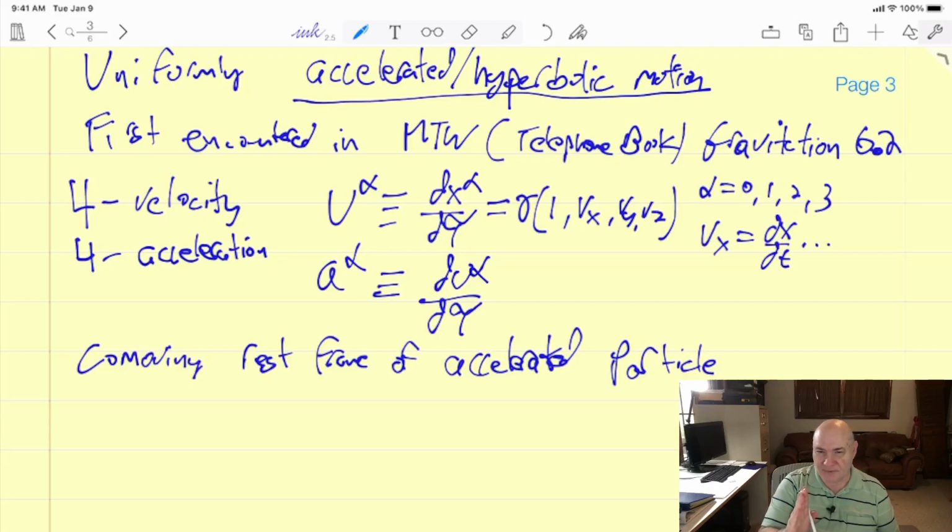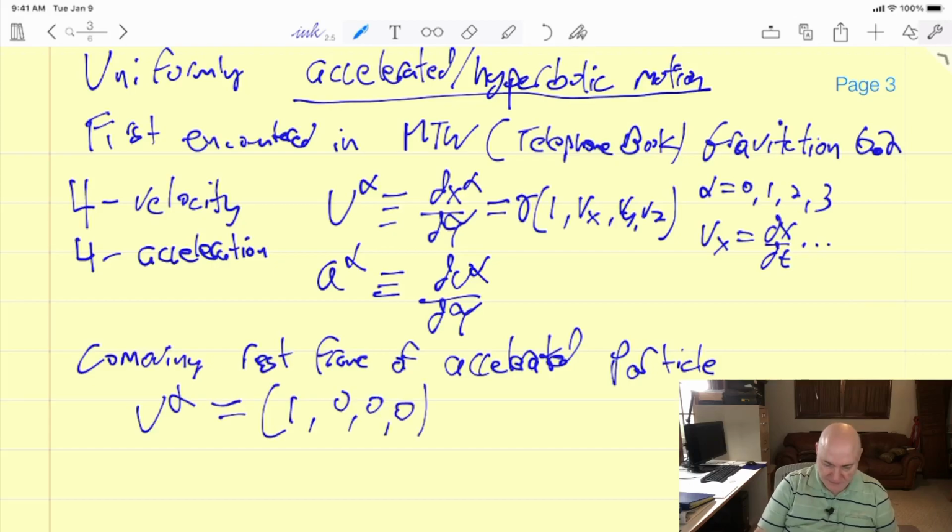So for that observer, the particle is at rest. Now the problem is the observer, in order to keep up with the particle, has to accelerate, so that's not an inertial reference frame. But think of an inertial reference frame moving at the same velocity as the particle, and then just stick with that reference frame. That's called a co-moving reference frame, but it's going to change from time to time. But it's inertial. We don't really need to make much use of that, but in this co-moving rest frame, the 4 velocity is a very simple form.